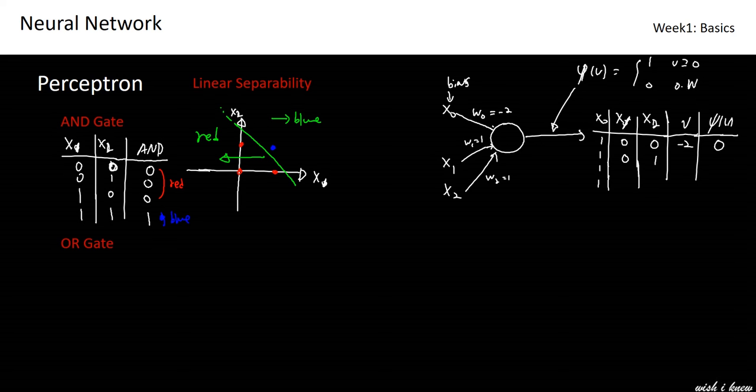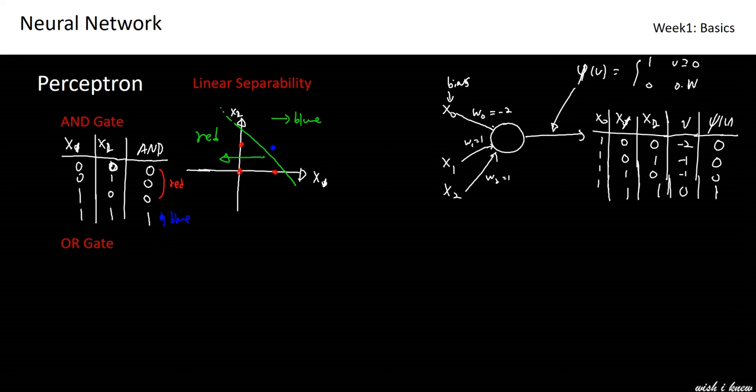The weights for x1 and x2 are always 1, so it's -2 plus 1, which is -1, so the activation will be 0. Same here. And when both inputs are 1, it's going to be 0, so it's equal to 0, so we're going to have 1.